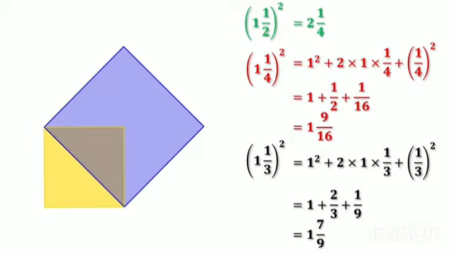Like this, we can try many fractions and we can find fractions whose squares are closer and closer to 2. But never do we get a fraction whose square is exactly 2. That means the square of any fraction is not 2.